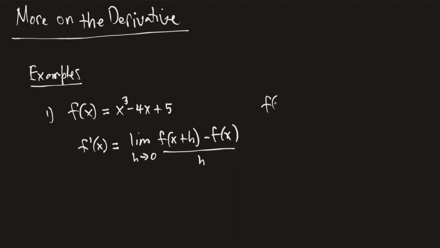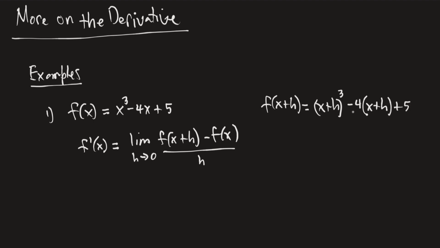So let's do f of x plus h. Well, what does this tell us to do? It says go to the function f, and wherever there is an x, replace it with the quantity x plus h. So we will have x plus h cubed minus 4 times the quantity x plus h, and then plus 5, right?